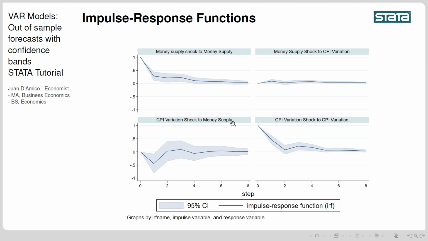And then we can see, for example, a shock in CPI on money supply. So this is what I mentioned before. When there is a shock in prices, money supply shows that it's going down, that it's decreasing. In this case, if the central bank, for example, sees that the prices are increasing too much, then what they would want to do is to start decreasing money supply, start tightening a little bit the policies.